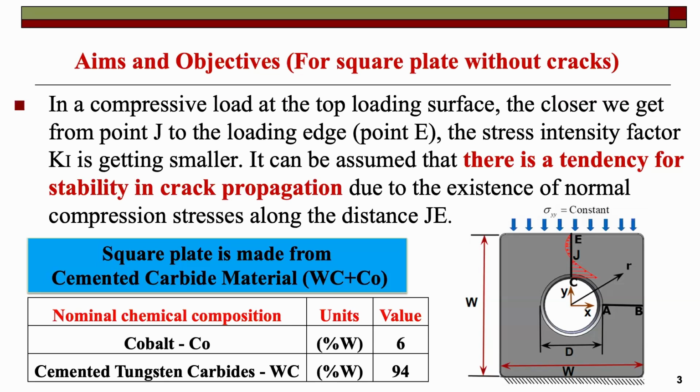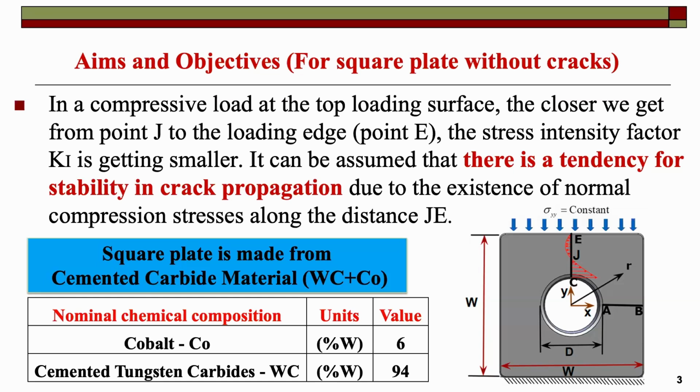The tungsten carbide has a lot of advantages: high resistance, high hardness, high thermal resistance, and a high melting point. We examine the plate with 6% cobalt and 94% tungsten carbide.